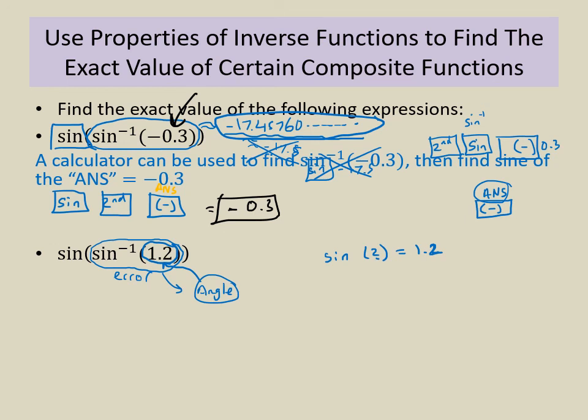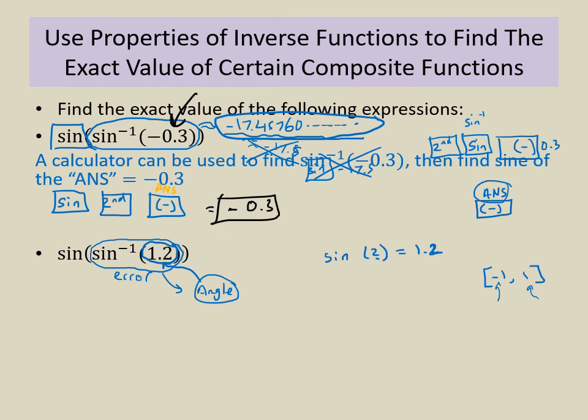Yes, absolutely. What do we know about the sine of any angle? We know that the sine of any angle is a number that has to be between -1 and +1. The smallest sine of any angle is -1, and the largest sine of any angle is +1. It's the same thing with cosine.